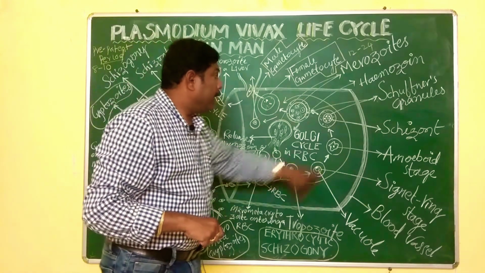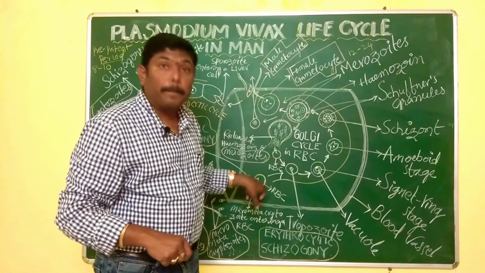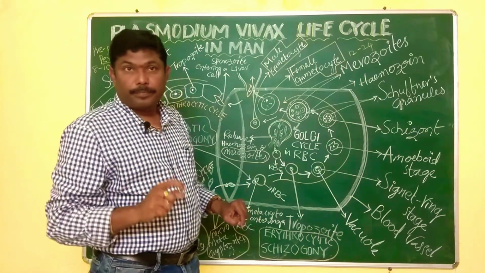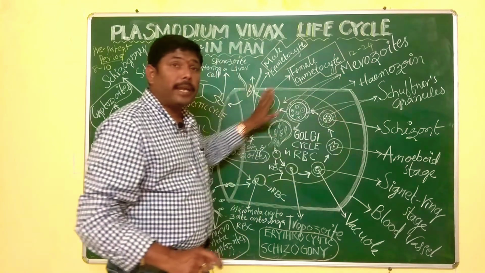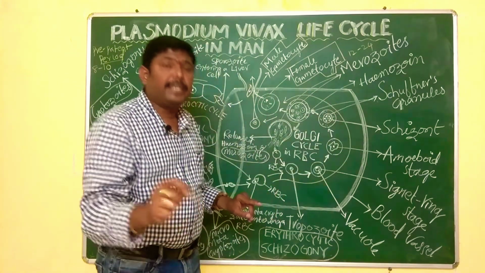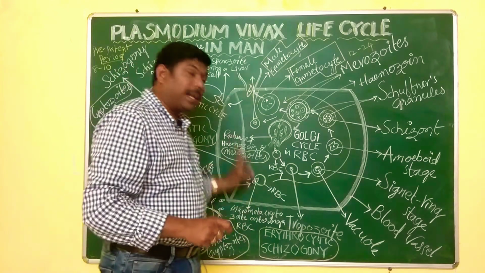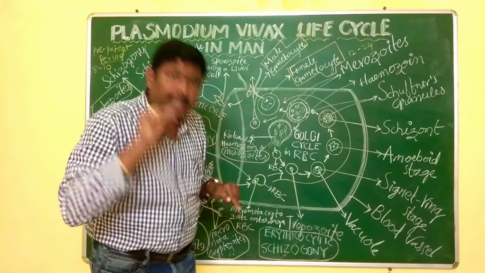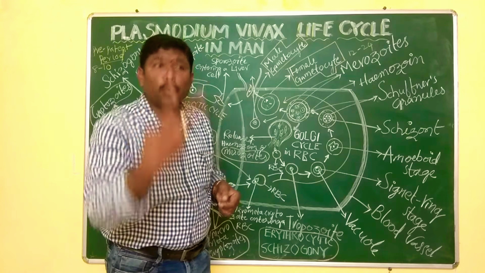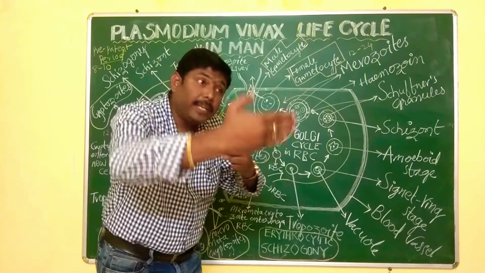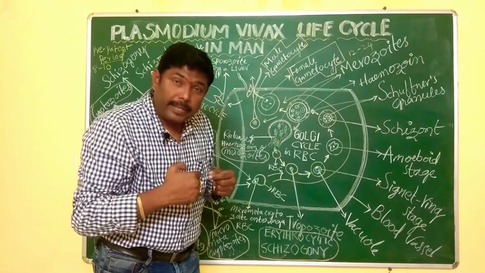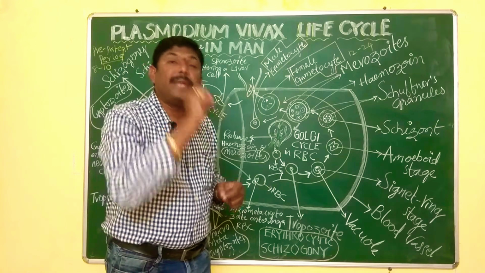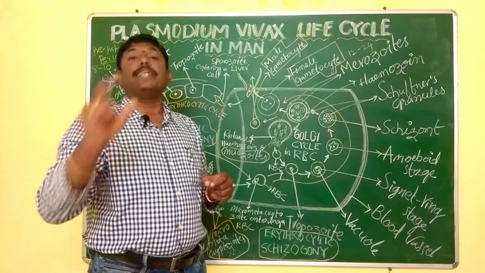And this erythrocytic cycle is completed in 2 days or 48 hours. After completing erythrocytic cycle only, the patient gets a disease called as malaria. If we take Plasmodium vivax, it is completing erythrocytic cycle in 2 days. That means on every third day, the patient gets a disease which is called as benign tertian malaria.